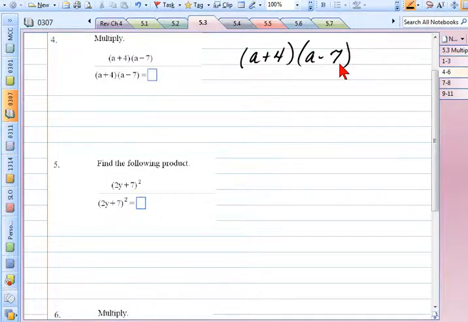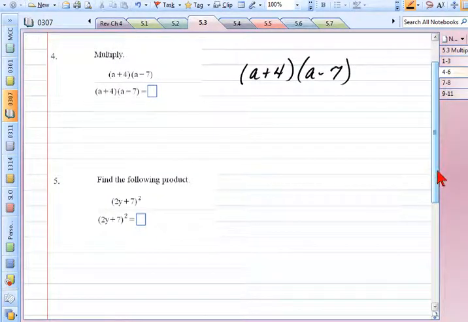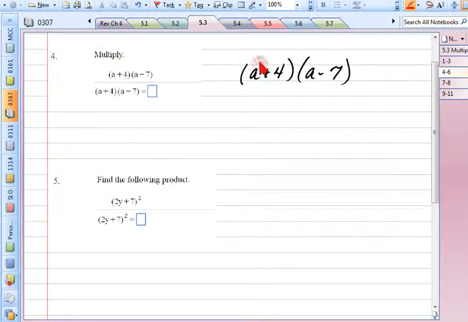Okay, now the only skill I have in my pocket right now is the distributive property, but I'm going to have to use it almost twice. I'm going to distribute first of all the a, and when I get through with that, then I'm going to distribute the positive 4.